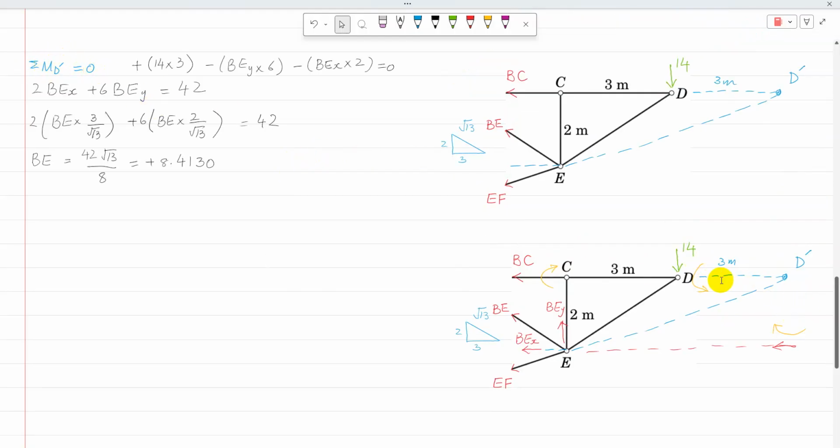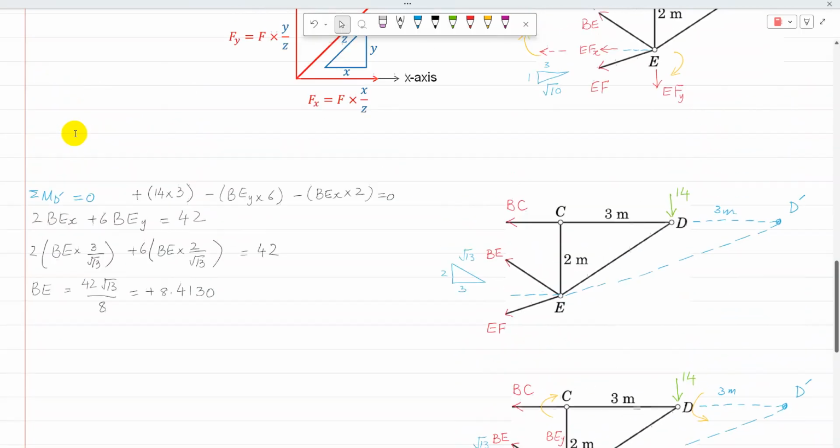That is 14 times 3 positive, minus BEY times 6, which is clockwise, and minus BEX times 2, which is again clockwise. So the equation can be written as 2 BEX plus 6 BEY equal to 42.